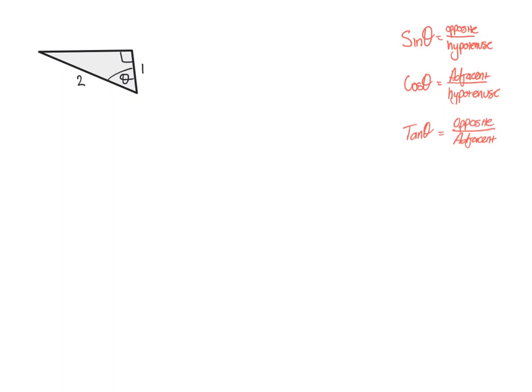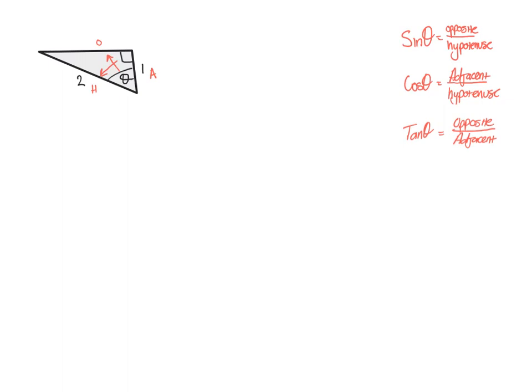So our first little task is to label the sides of the triangle. So the opposite side to the right angle is always going to be the hypotenuse. It's also the longest side length in the triangle. The side length right next to the angle is the adjacent. And then the side length that's opposite the angle, we call that one the opposite.